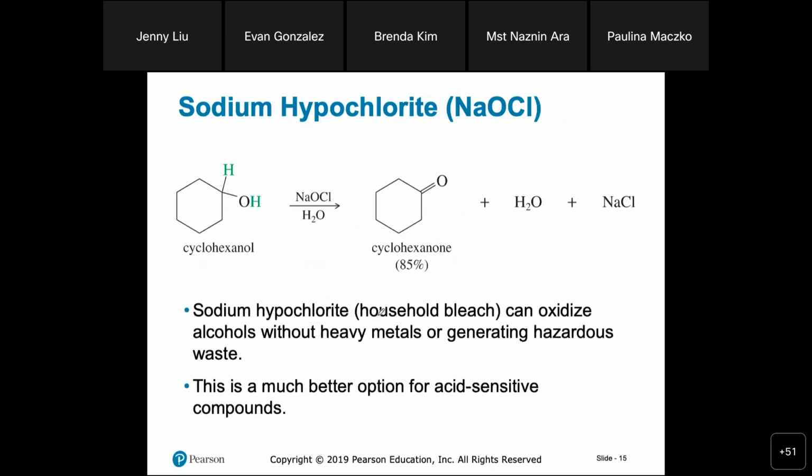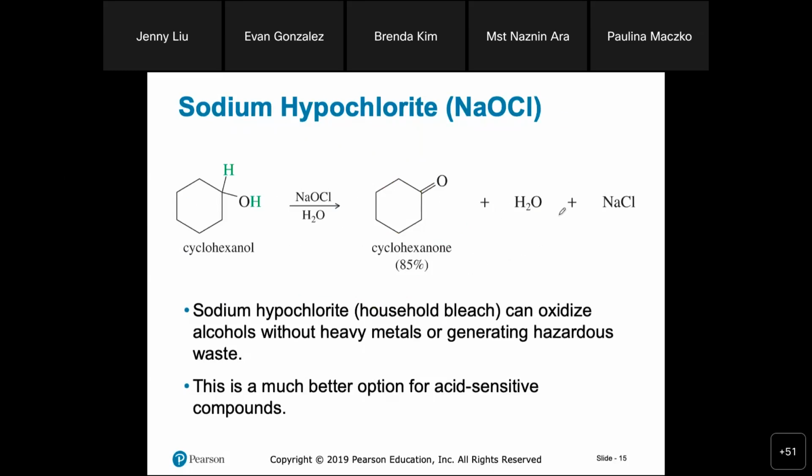Sodium hypochlorite is another kind of oxidizing agent we use. Sodium hypochlorite, which we also find in our household bleach, can oxidize alcohol without heavy metals or generating hazardous waste.